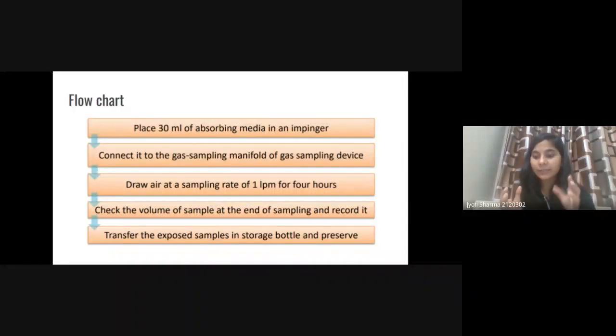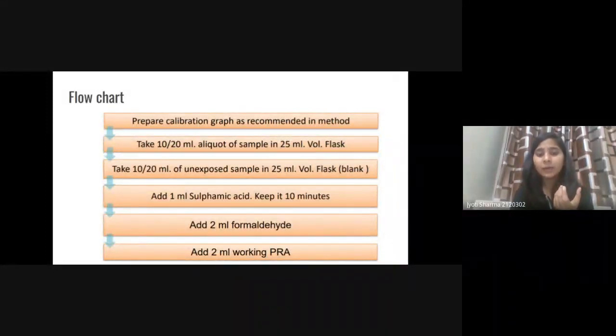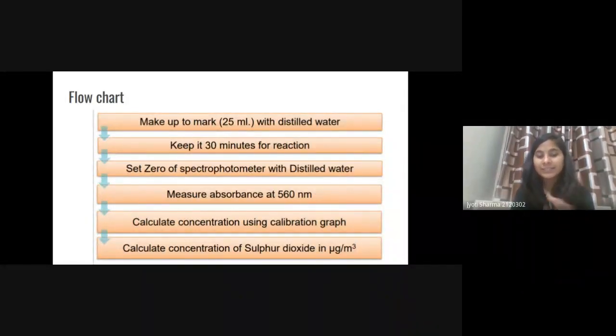If we have trapped the sulfur dioxide, then we will keep it in a storage bottle. Then, again we will use the sulfamic acid, the formaldehyde, and then 2 ml of working PRA, that is pararosaniline, and then we will set zero of the spectrophotometer to the distilled water, and then we will measure this.